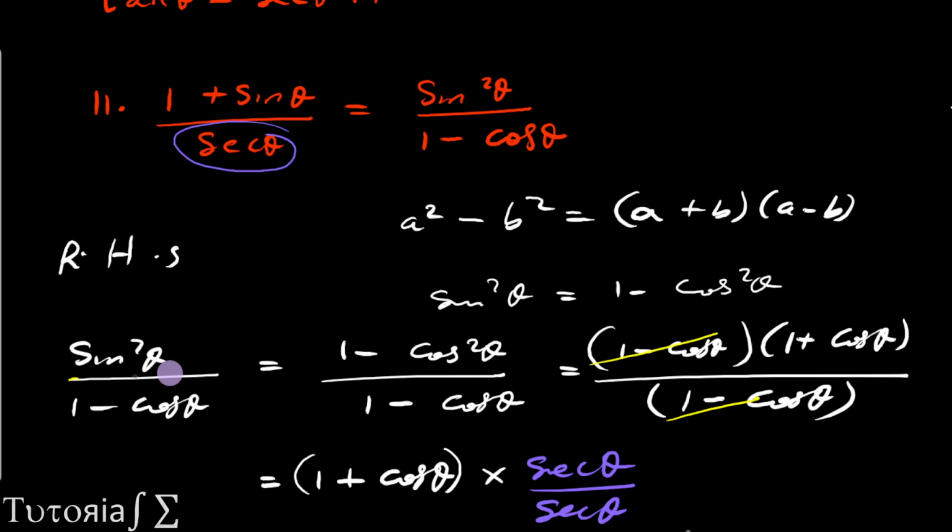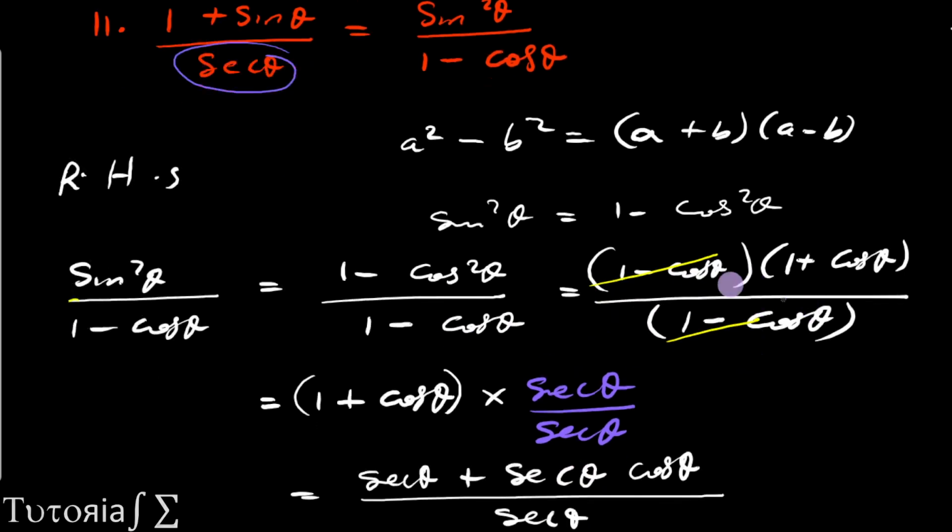Then we expanded this as 1 minus cos squared theta, knowing that 1 minus cos squared theta is a difference of two squares, so it can be written as 1 minus cos theta times 1 plus cos theta, and all over what we have in the denominator here, and we simplify.